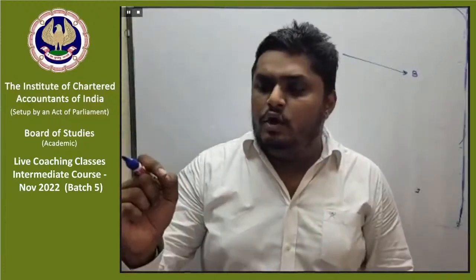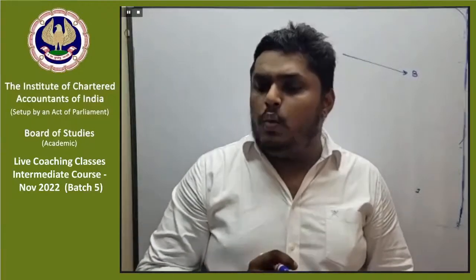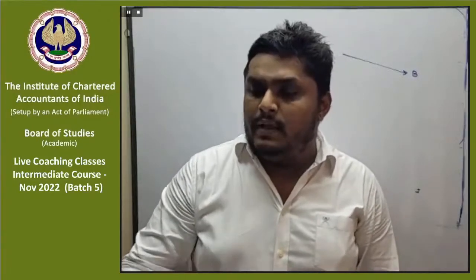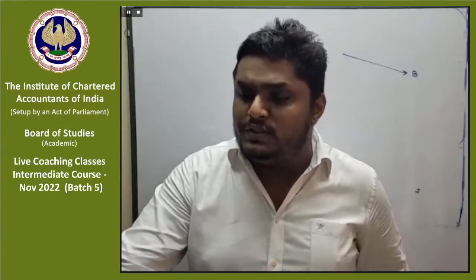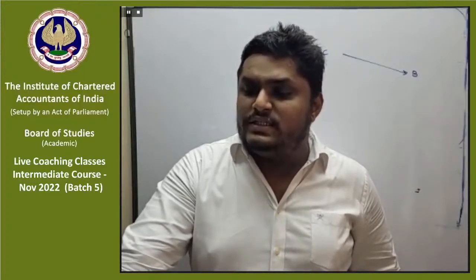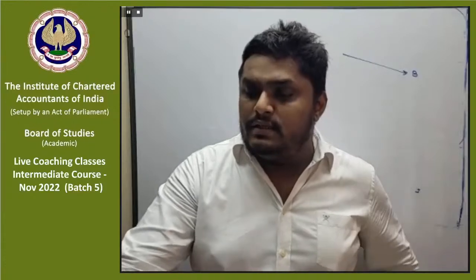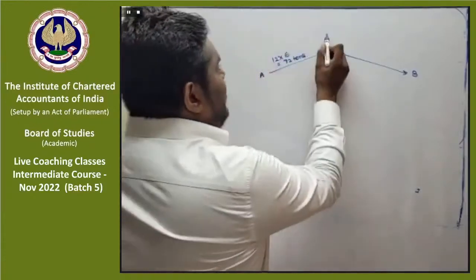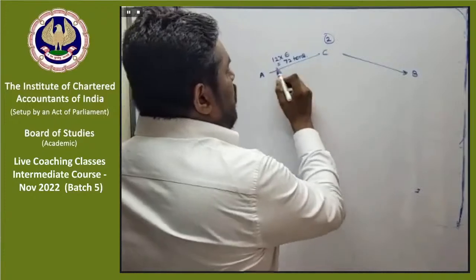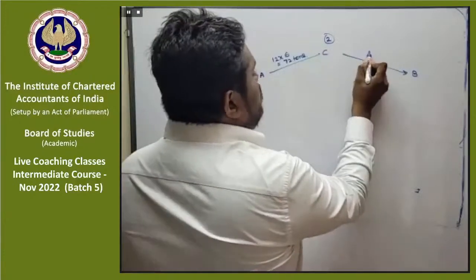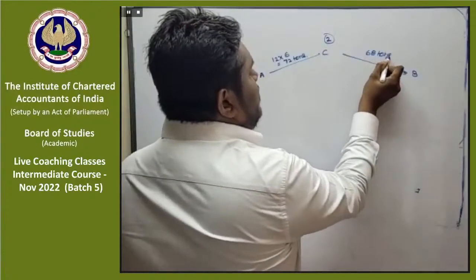Of this, 2 tons were unloaded once at station C. It is given in the question that A to C is 6 tons and C to B is 4 tons. So it means 2 tons were unloaded at city C. So on an average from C to B, total 68 tons were transported.